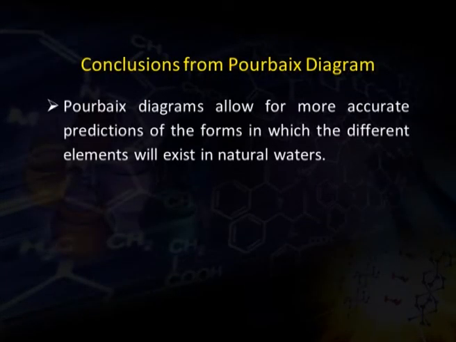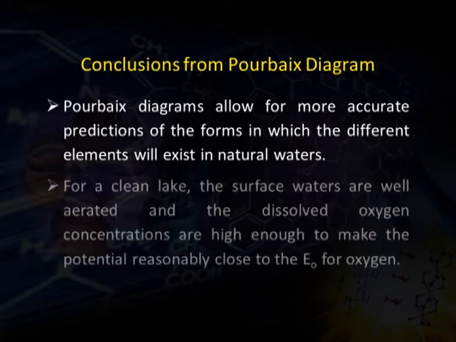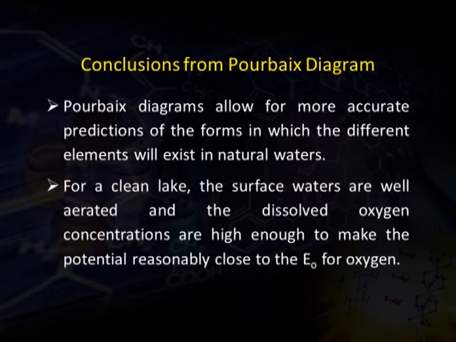The Pourbaix diagram allows for more accurate prediction of the form in which the different elements will exist in natural water. For a clean lake, the surface waters are well aerated and the dissolved oxygen concentration is high enough to make the potential reasonably close to the E naught value for oxygen.